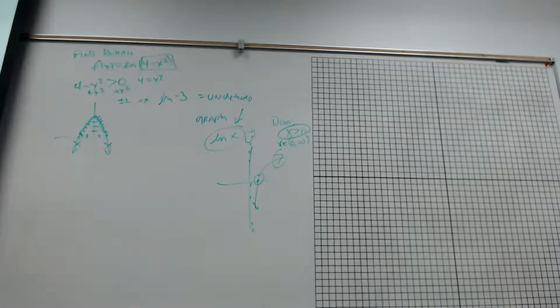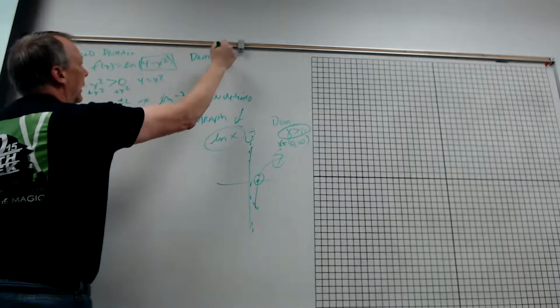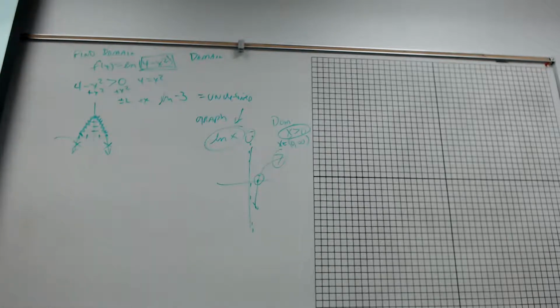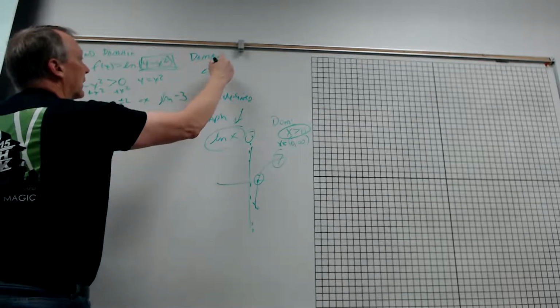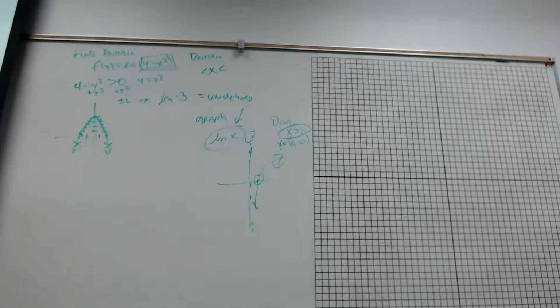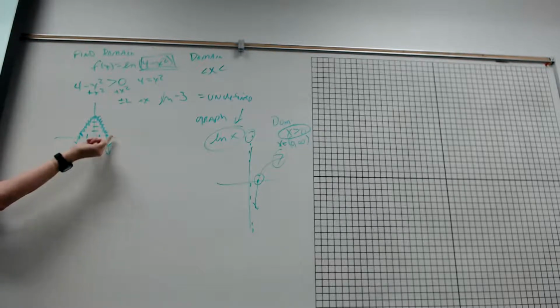So my domain of this is what? What are all the possible x's I can pick? I can go all the way to negative 2, positive 2.